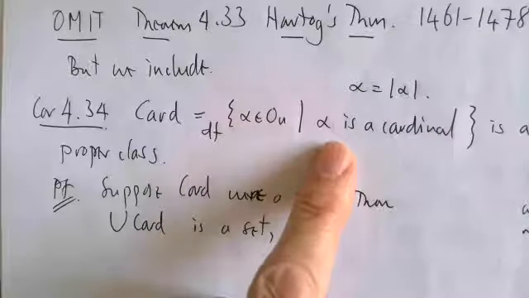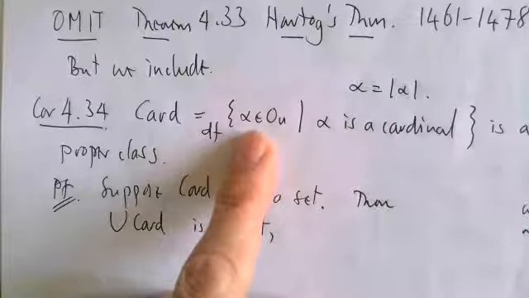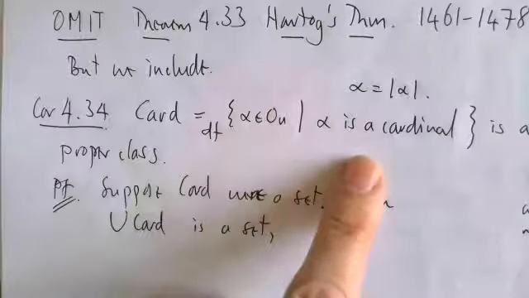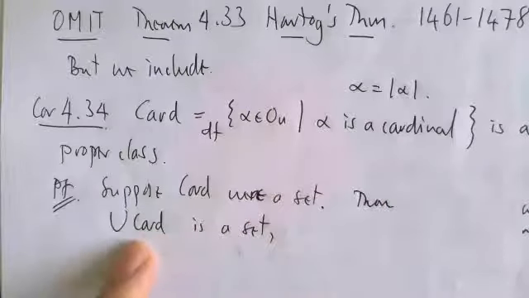Well, any cardinal is an ordinal. So it's a transitive set, well ordered by epsilon. A union of transitive sets is a transitive set.